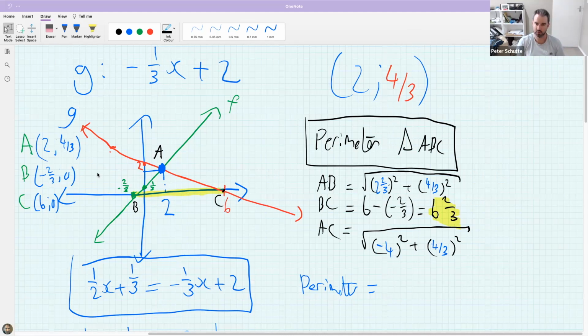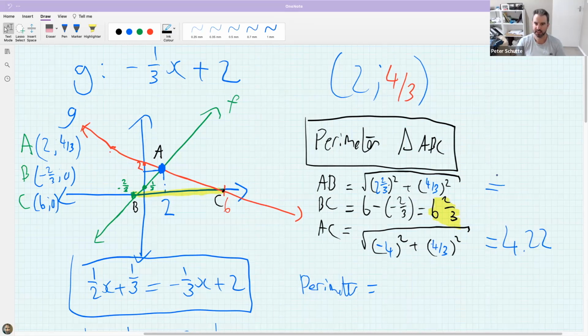Square root. So I get some decimals here. I get 4.22 for that one.